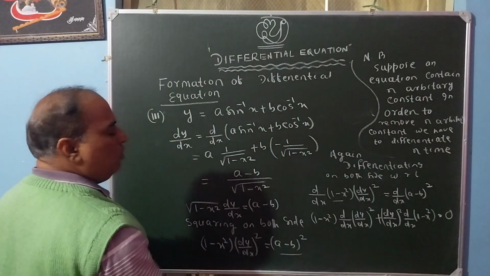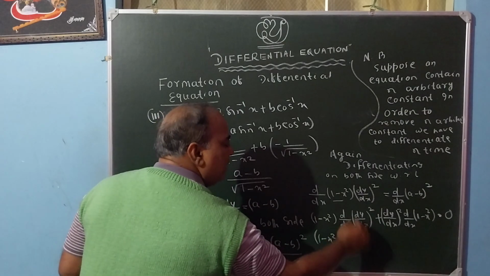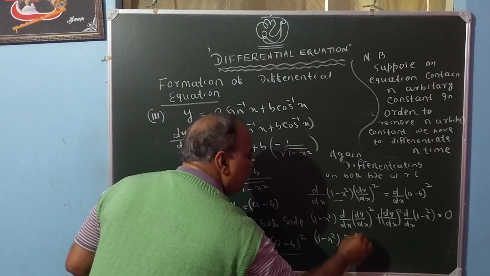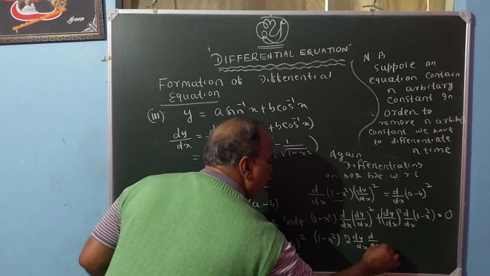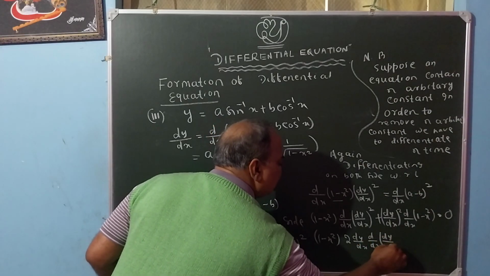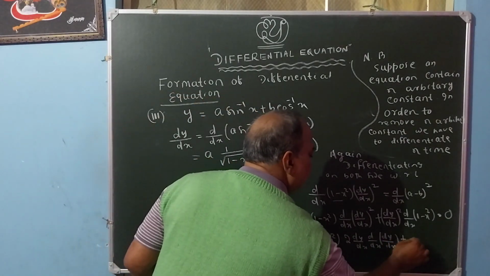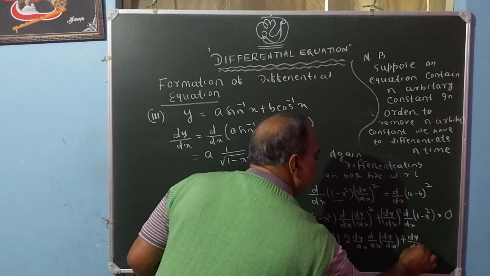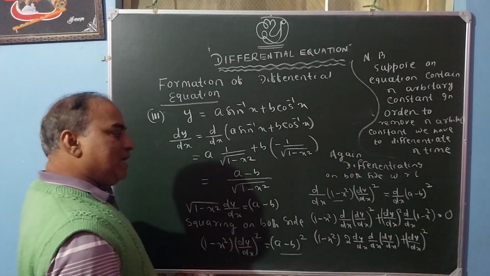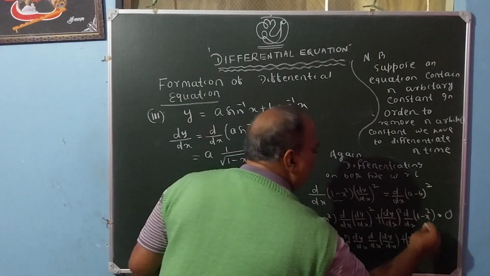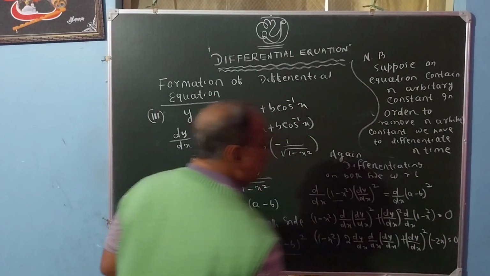So now we get (1 minus x square), the derivative of this is 2 into dy/dx into d/dx of dy/dx, applying the chain rule. So here plus (dy/dx) whole square. Derivative of 1 is 0, derivative of x square is minus 2x, is equal to 0.